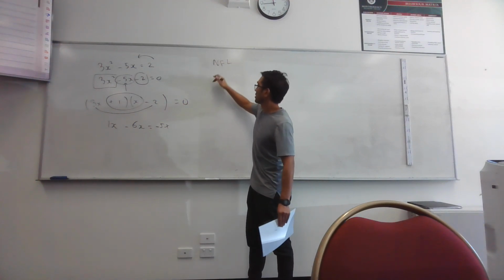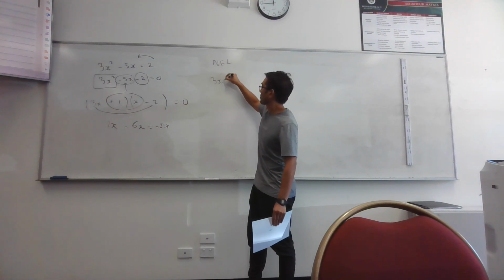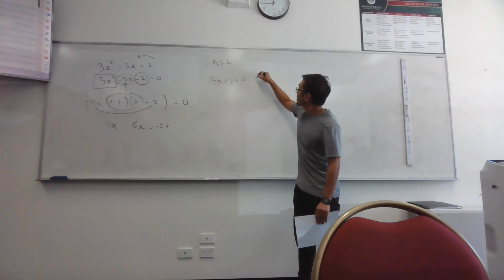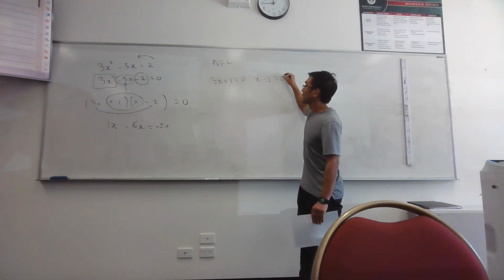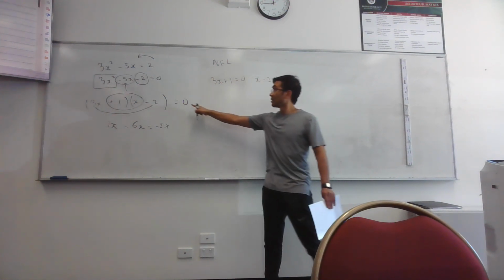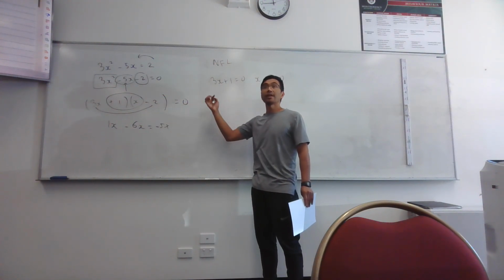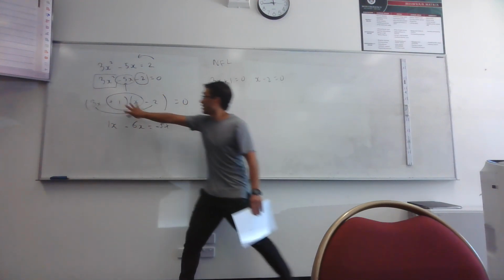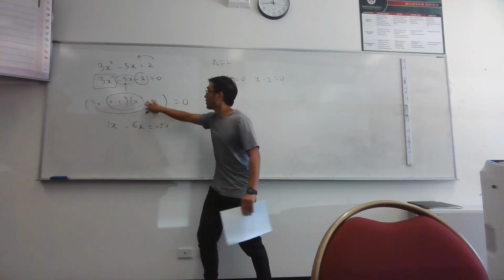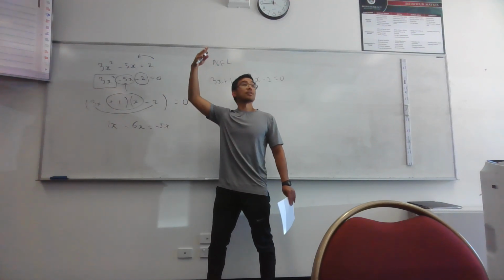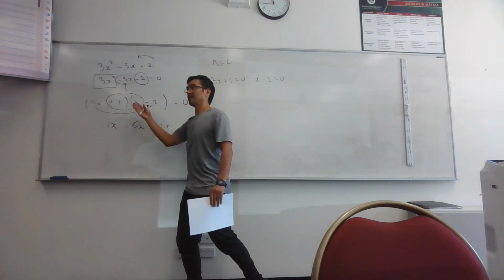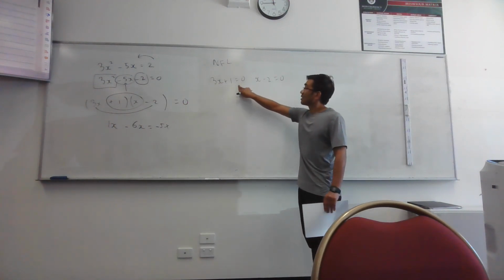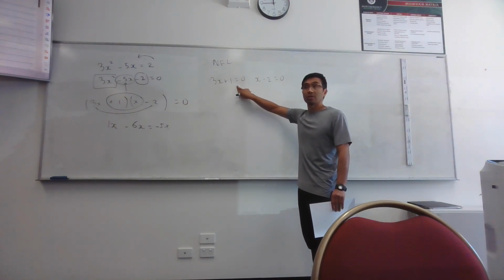The null factor law states that the first something can be the 0, or the second something can be the 0, or both can be the 0, because 0 times 0 is 0. So we've got two equations to work.